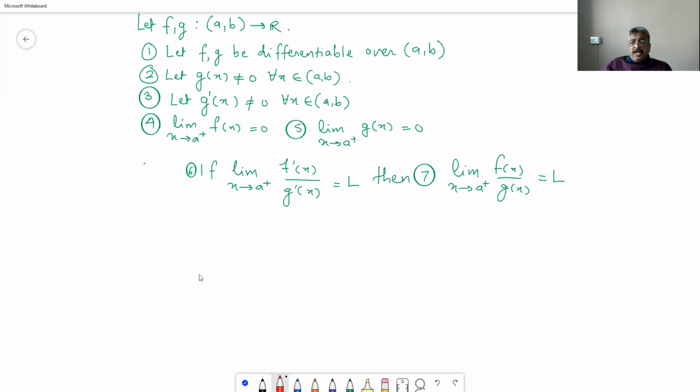Then there exists c belonging to open interval a comma b such that f of a minus f of b upon g of a minus g of b is equal to f dash of c upon g dash of c, where c belongs to open interval a comma b. That is our statement of Cauchy's mean value theorem.